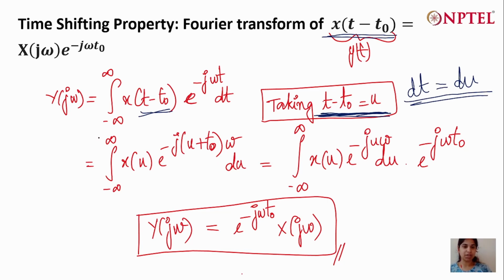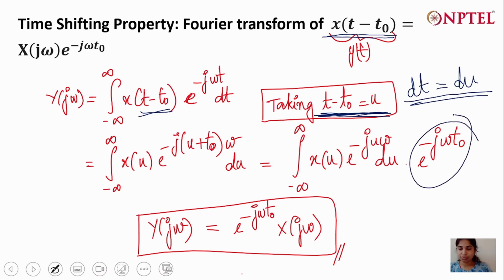So it is again the integral from minus infinity to infinity of x of u e power minus j into u plus t naught into omega into du. Here you can split this bracket into two terms. So this is independent of u.